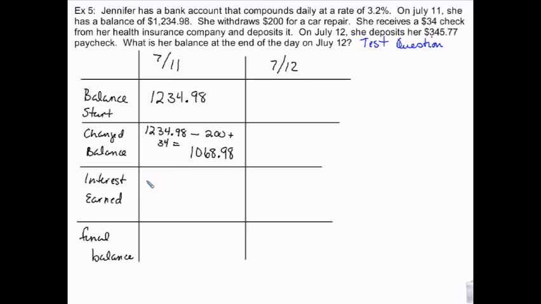She's going to earn interest on this for 1 day. Okay, she compounds daily at a rate of 3.2%. So 1 day is 1 over 365. So I do the 1068.98 times 0.032.